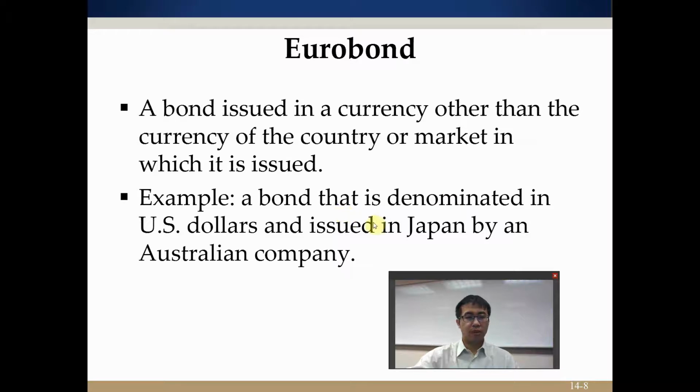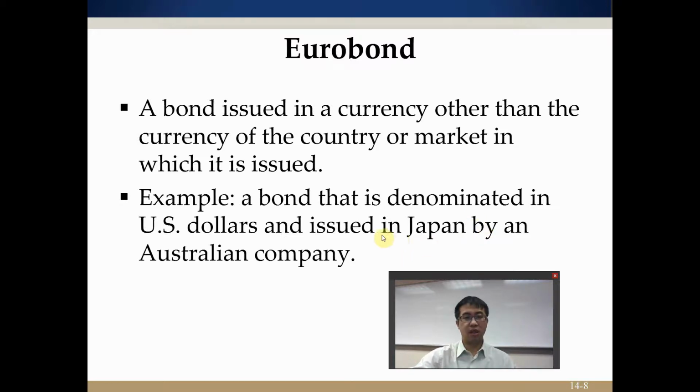So if there's a bond denominated in Japanese yen issued in the US, that's also a eurobond. And a bond denominated in euro issued in Japan can also be called a eurobond. For the company who issues it, it really does not matter.